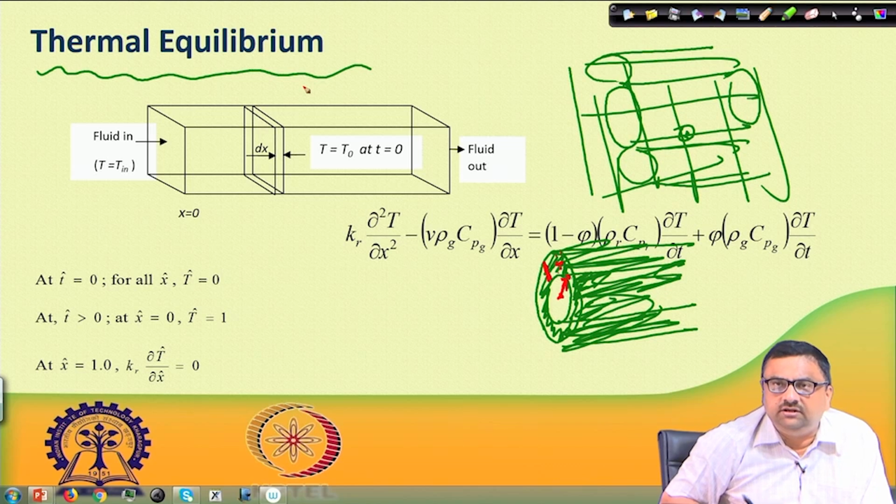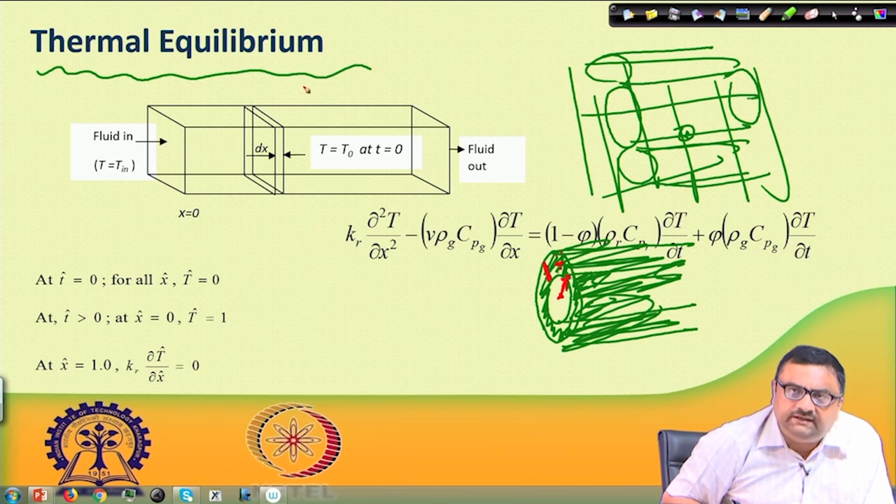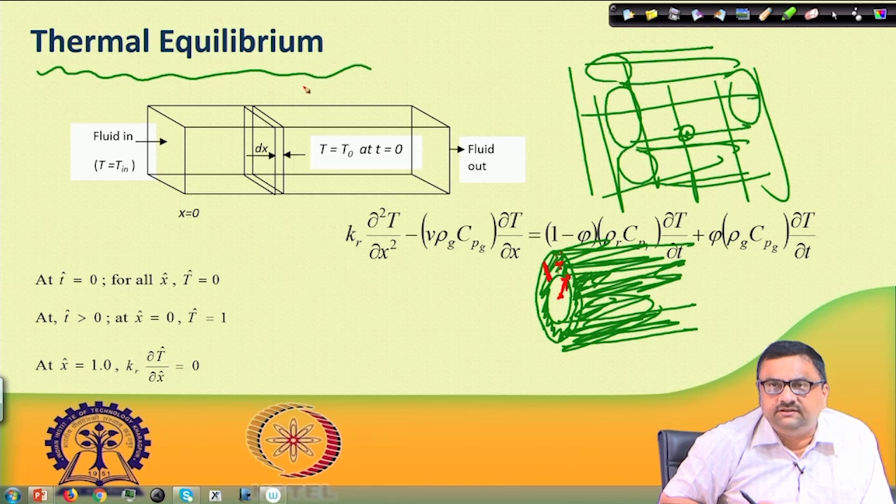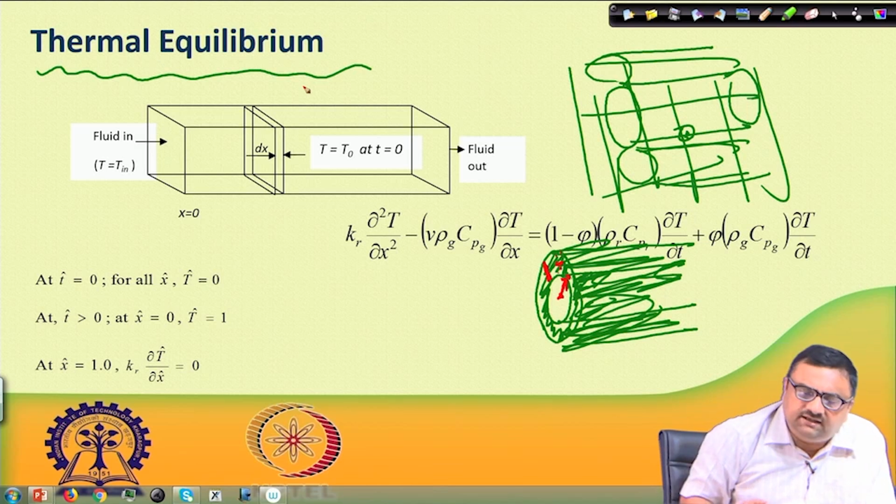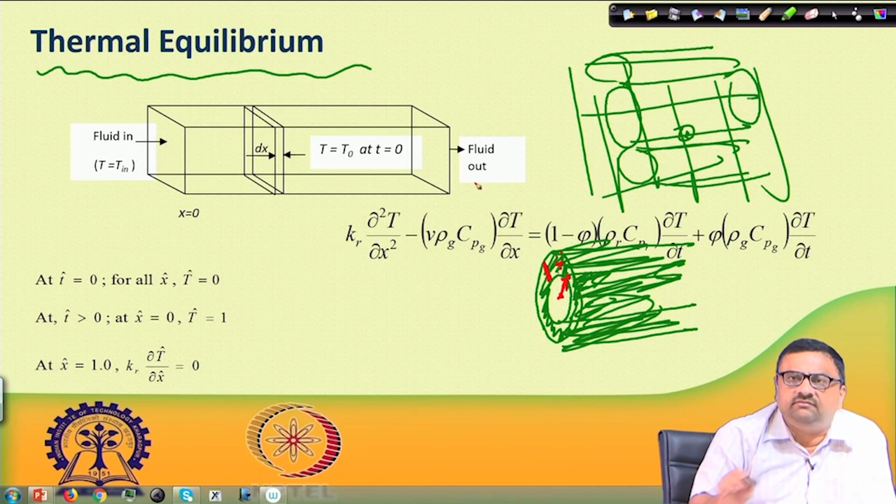You may think in this line that not considering thermal equilibrium would be foolishness, because if you start keeping track of the fluid phase temperature and the solid phase temperature separately, then you will end up unnecessarily in a lot of excess computations. For example, this equation can still be solved analytically.